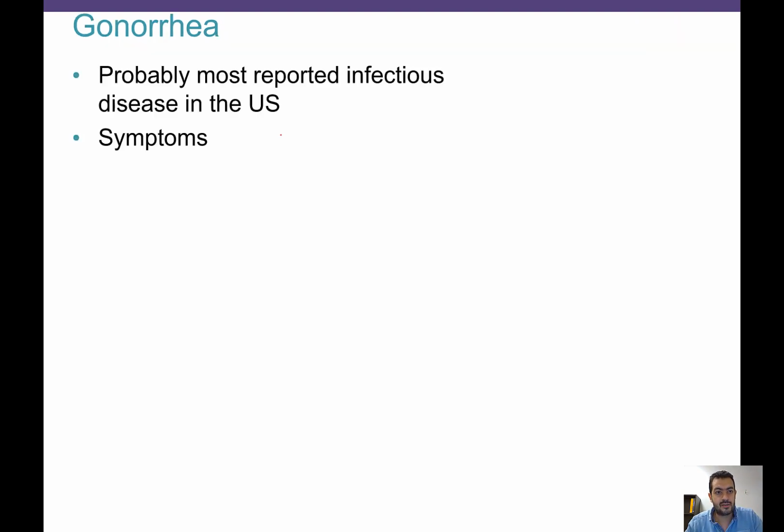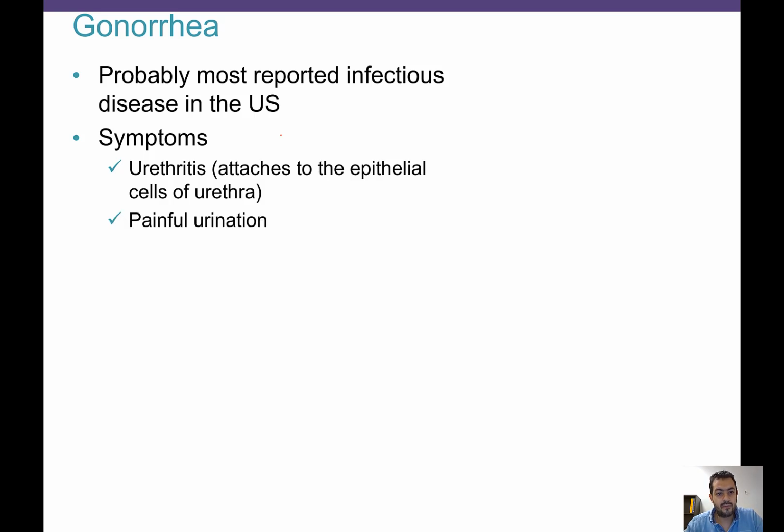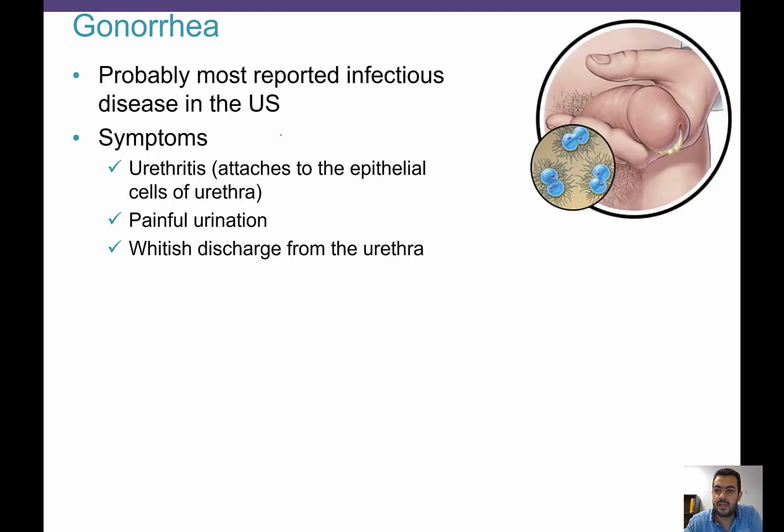So urethritis is one of the most seen symptoms. They attach to the epithelial cells of the urethra and cause inflammation of the urethra. Painful urination, and then whitish discharge from the urethra. This will be seen more in males, the discharge, as you can see here.